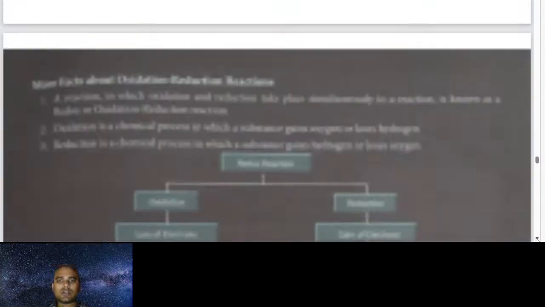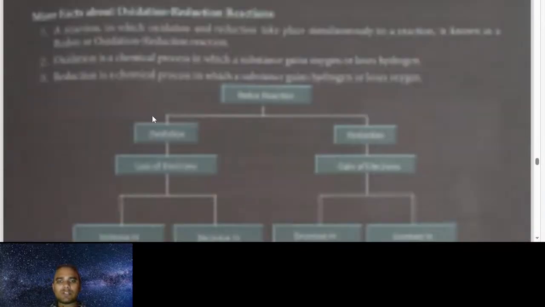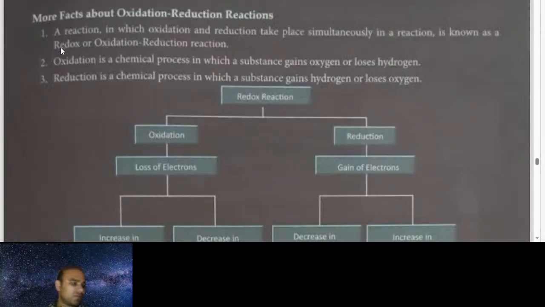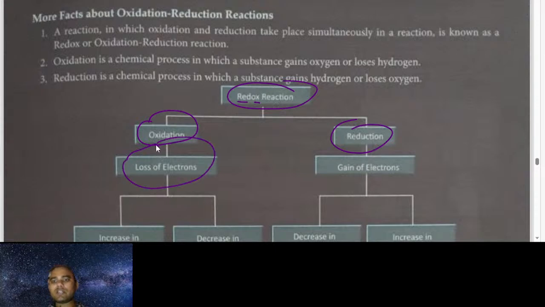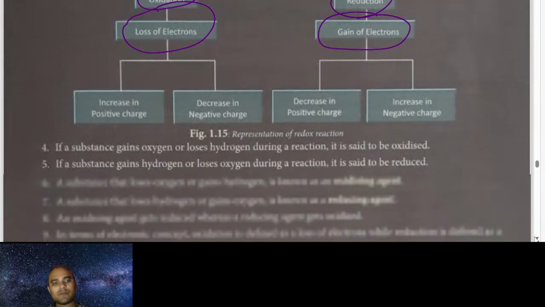Let us try to understand with the help of examples how it is defined on this page, student. A redox reaction is made up of two reactions, oxidation and reduction. RED means reduction, OX means oxidation. Oxidation means loss of electrons and reduction means gain of electrons.